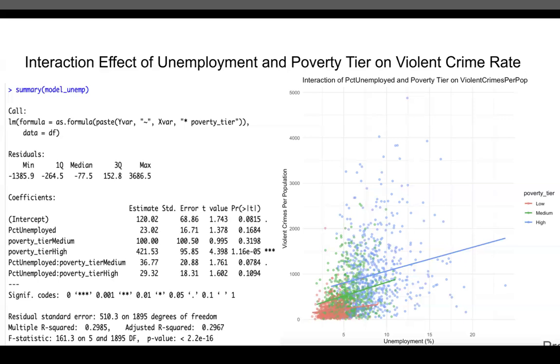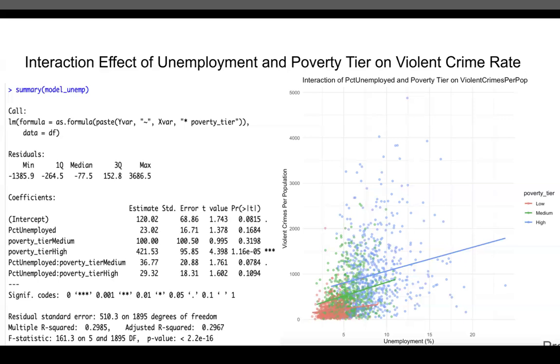Then we look at the F statistic, which is about 161.3. And this tells us that our overall model is statistically significant, which means that at least one of our predictors explains real differences in crime rates across communities.